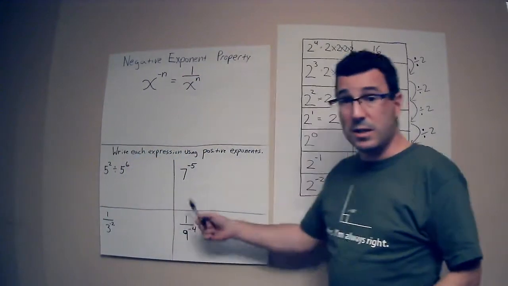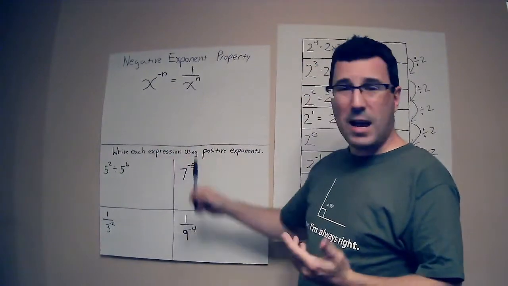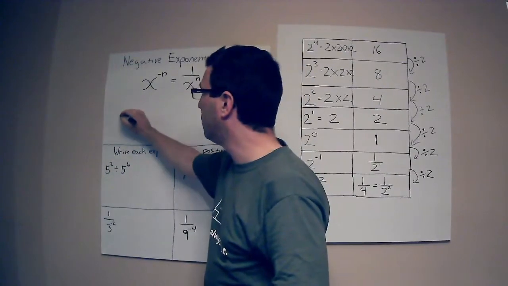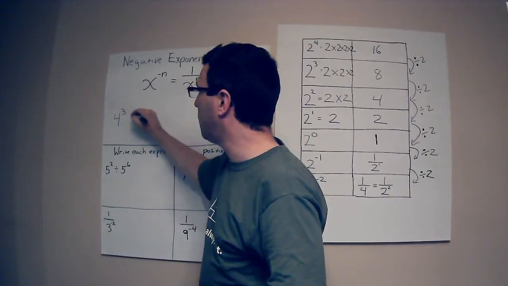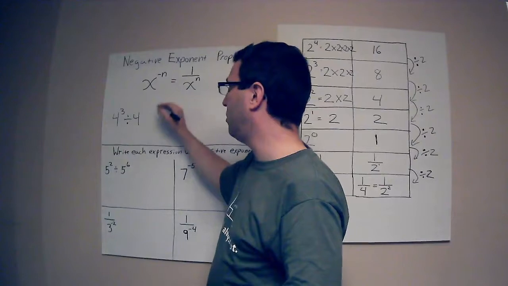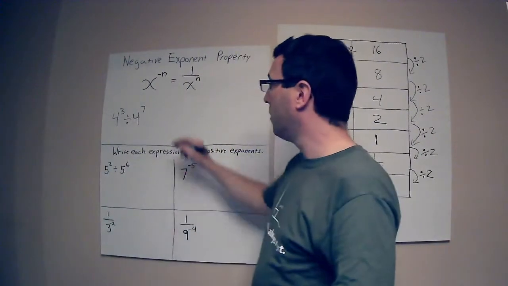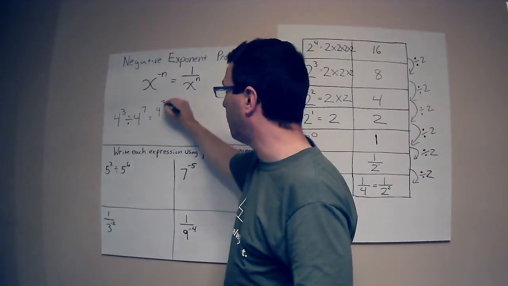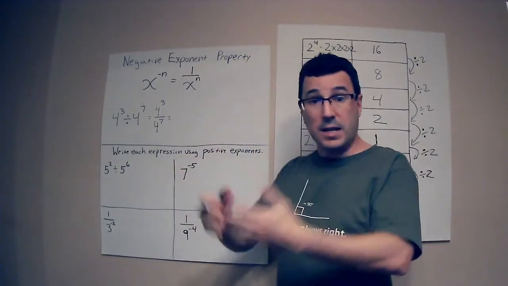So let's take a look at these 4 problems. The way this works, say I was to use 4 to the 3rd divided by 4 to the 7th. What I can do is rewrite this like a fraction, 4 to the 3rd over 4 to the 7th, and then I can expand this.